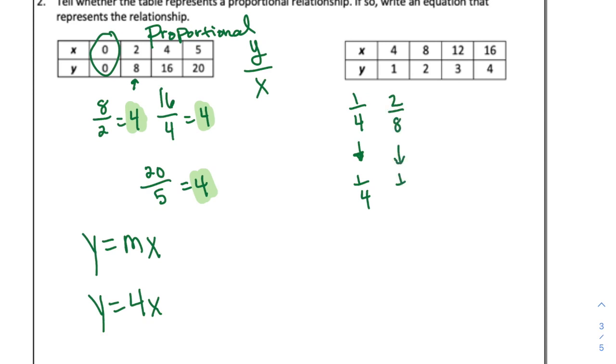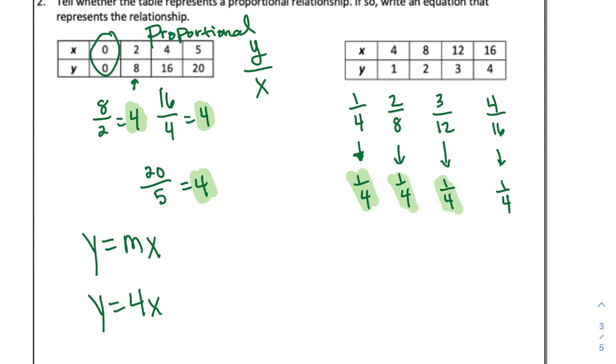And again, we could simplify that one to 1/4. Let's see if we can simplify 3/12. Well, 3 goes into itself once, 3 goes into 12 four times, and finally 4/16. So 1/4 again. All of these are the same, right?